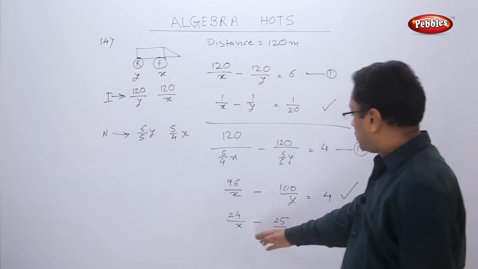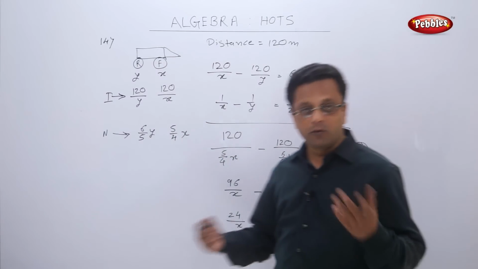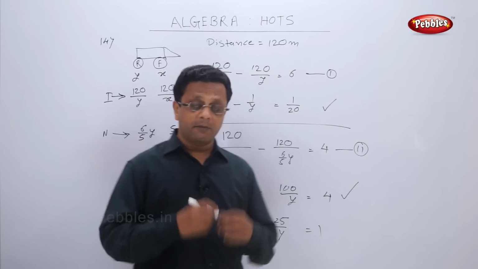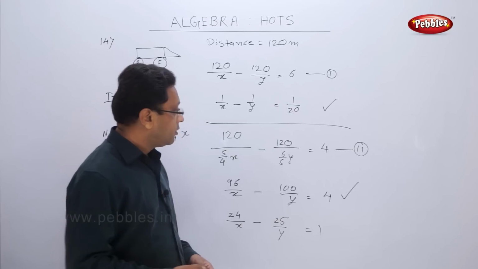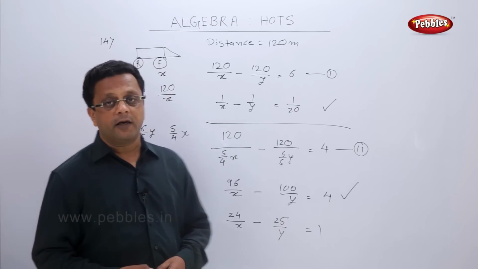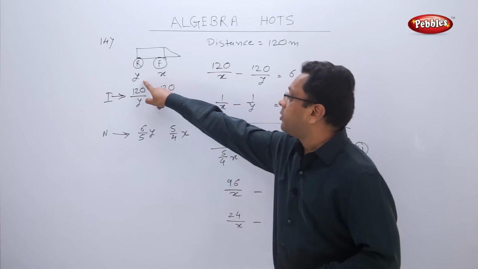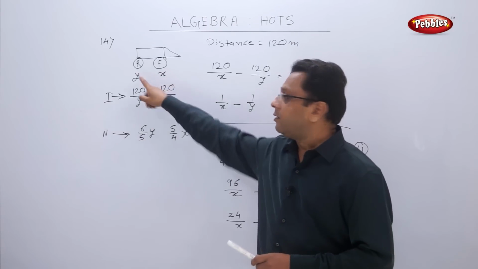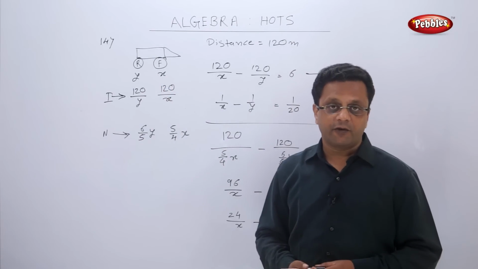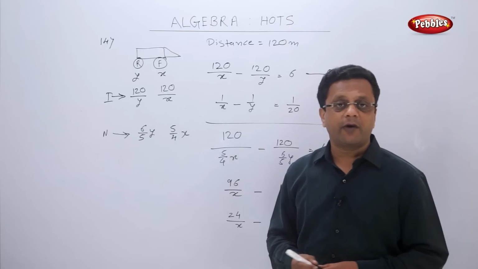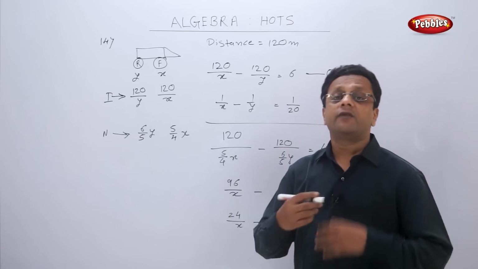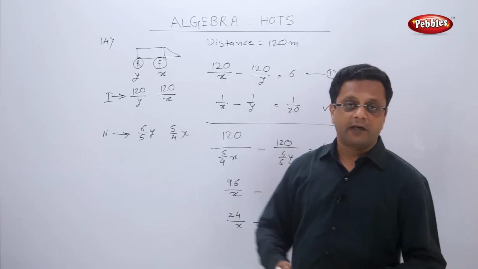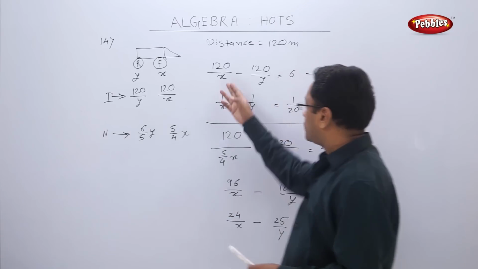Now we have two equations and two variables, so we can easily solve these by simultaneous linear equations and find out the values of x and y. Those will be the initial circumferences of the forewheel and rear wheel. In this case they have asked only for the circumference, but even if they ask for the diameter, you can easily find it out. So how will you solve this?